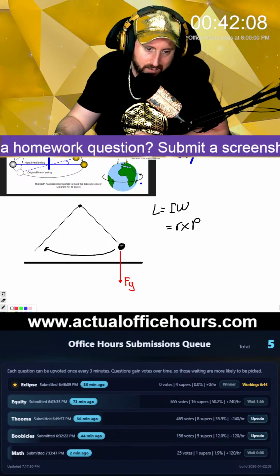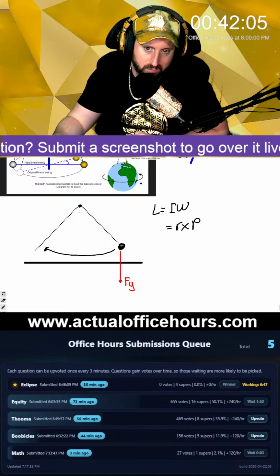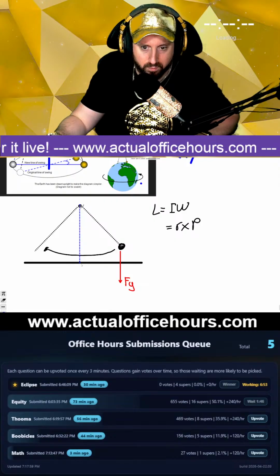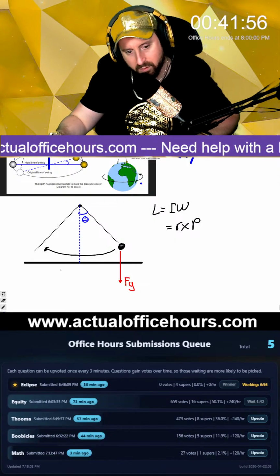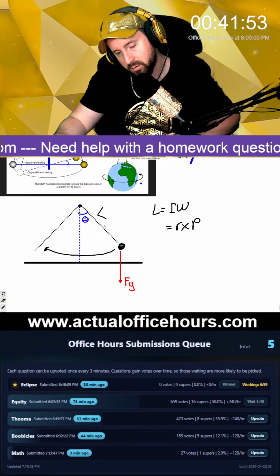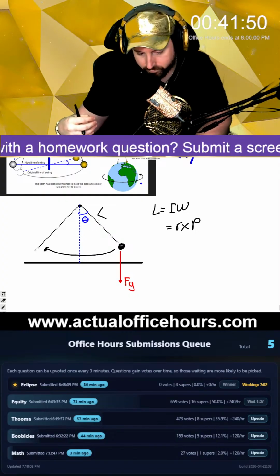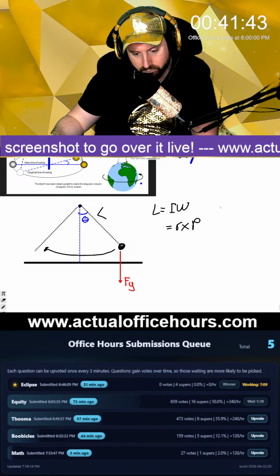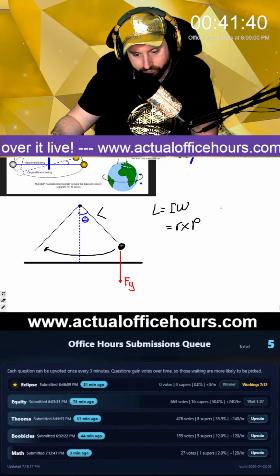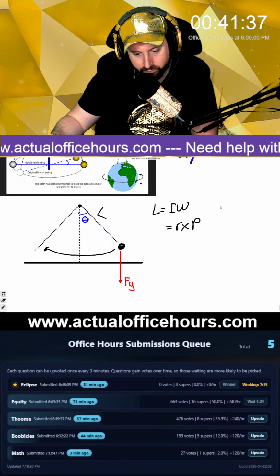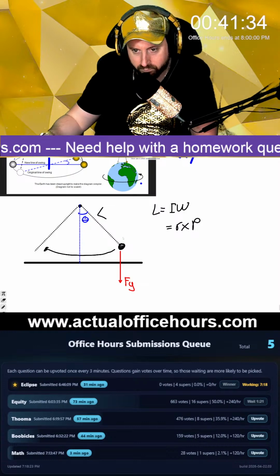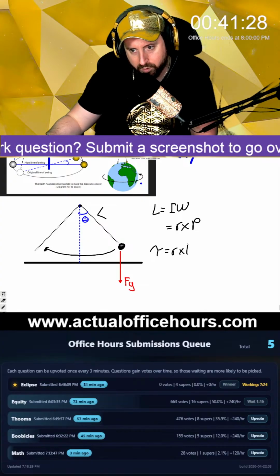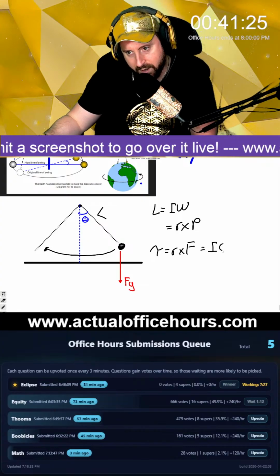This is theta, and let's call this distance L. Torque is equal to R cross F, which is also equal to I alpha.